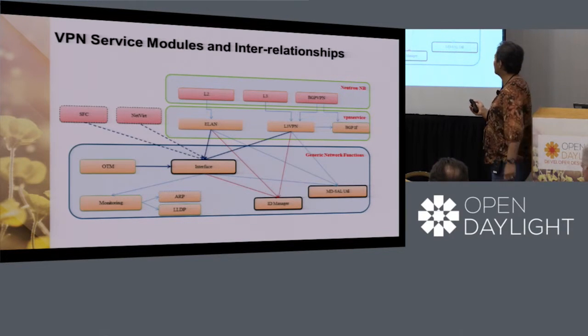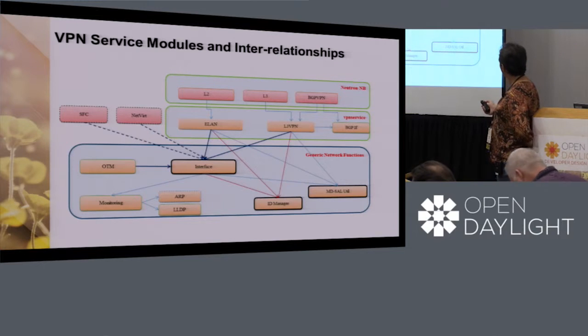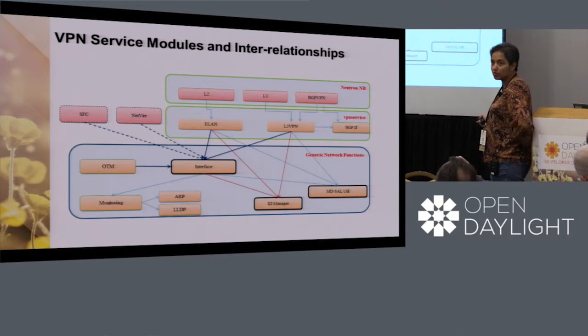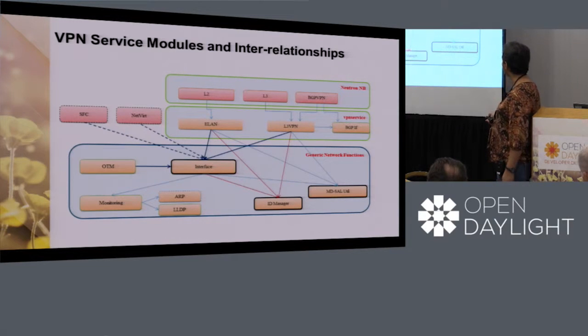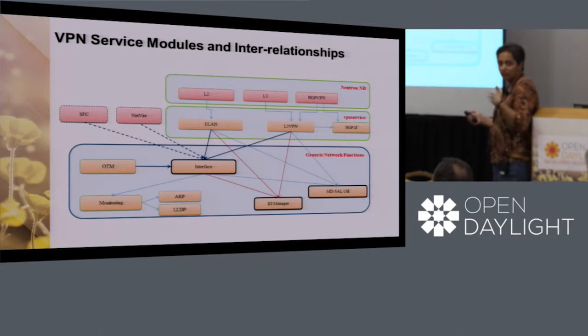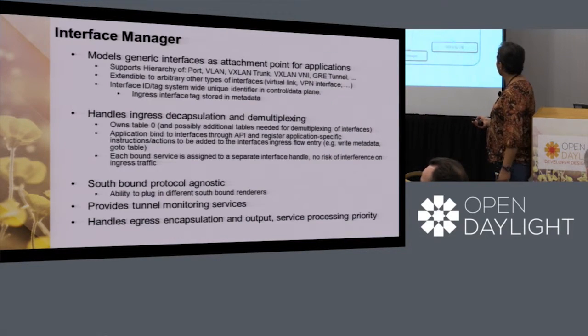Okay. Just to complete the picture here, it uses this ID manager utility, which I'll go through in a bit more detail. That's a central part of some of this demultiplexing framework. And MDSAL util is just some utility functions for MDSAL operations.